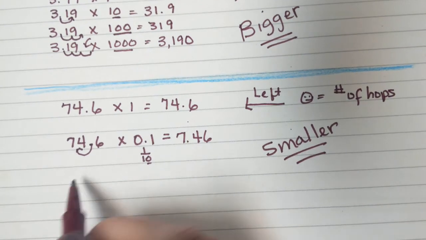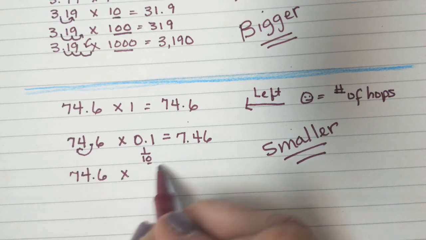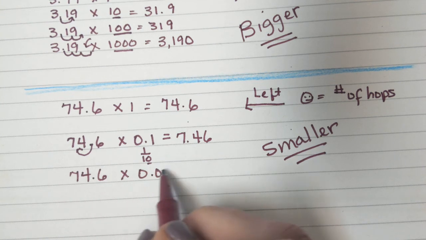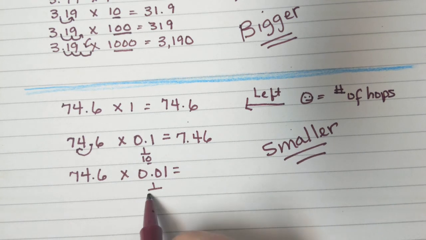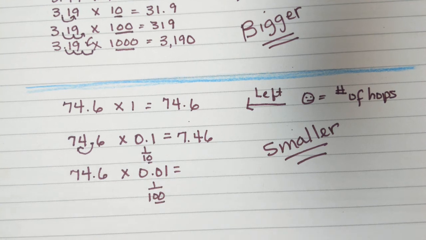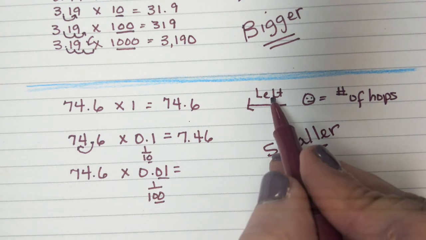Okay, so let's try another one, 74 and 6/10, and this time we're going to multiply it by 0 and 100th. How many hops am I going to take this time? Because remember, it can be written as a fraction also. I'm going to move it 2 places. Which direction?